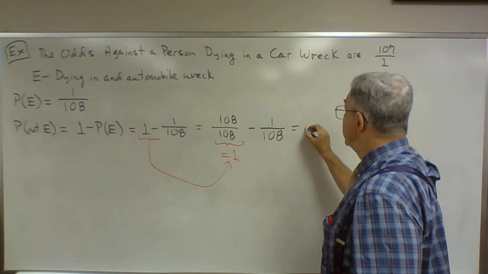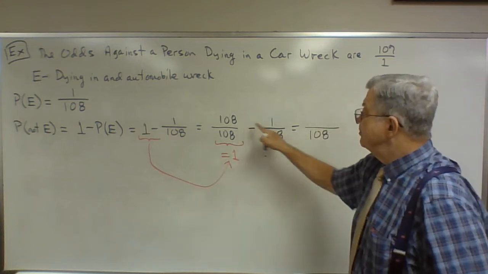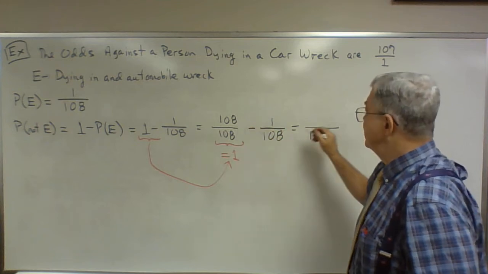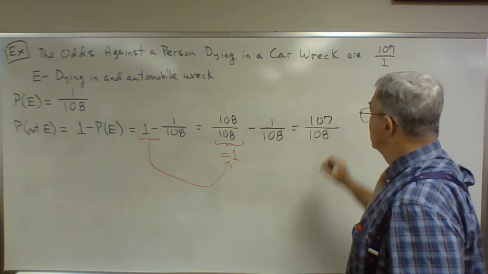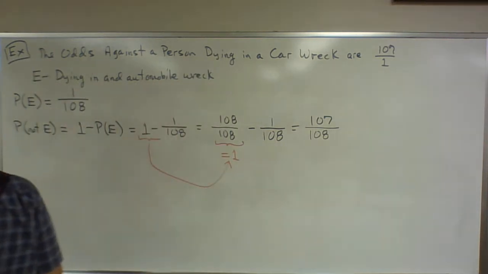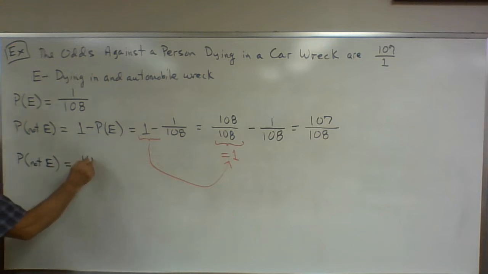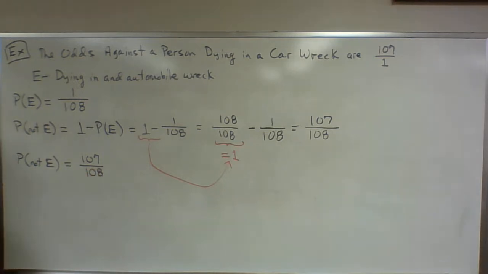We got a common denominator. We'll keep that common denominator, and we'll subtract the numerators. So 108 minus 1, 107. So we've just discovered that the probability that a person in the U.S. will not die in a car accident during their lifetime is 107 over 108. That's the probability.